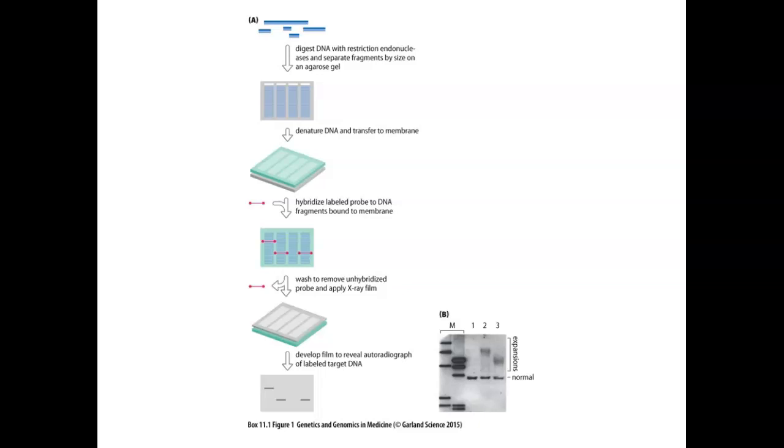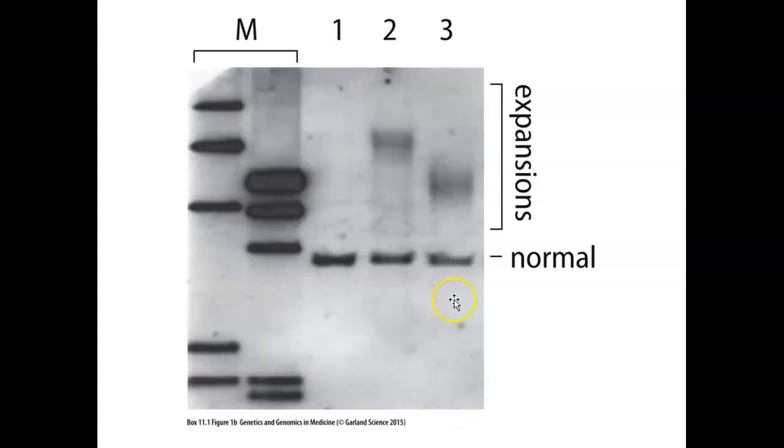If our probe is there, it means it's stuck to a complement that would reflect what we're looking for. So it's one of the ways that we can identify it. You can see here an example of a probe. The marker lanes are here, and we can see the presence of whatever we were looking for in the sample of DNA.